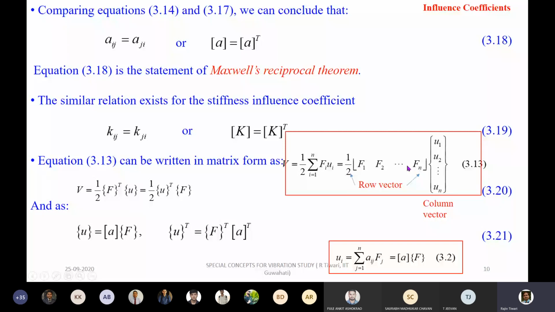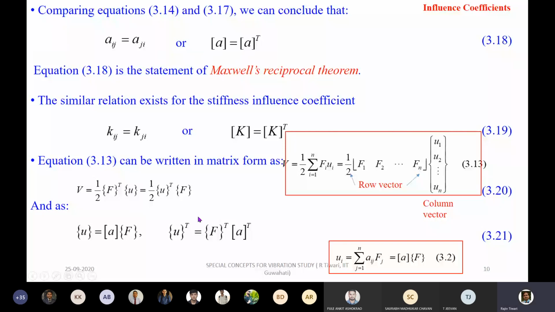We can put U here and F here, then also if you multiply, we'll get the same thing. That's why here it has been swapped: U transpose, that is U row vector, F column vector. Depending upon the requirement in future, we'll be using either this form of the potential energy or this form, so that we can write the expression in a convenient form.